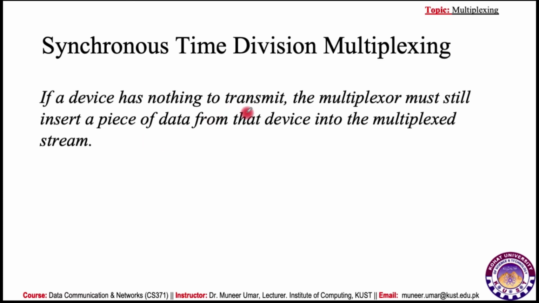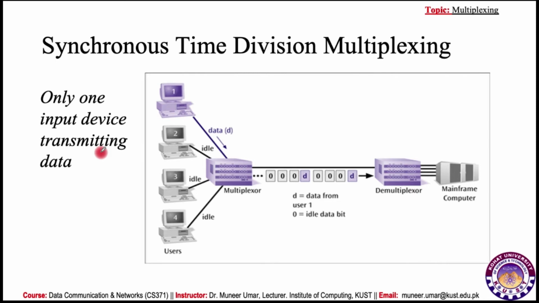If a device has nothing to transmit, the multiplexer must still insert a piece of data from that device into the multiplexed stream. This is the disadvantage of synchronous time division multiplexing. It is a sort of limitation for STDM, the synchronous time division multiplexing.